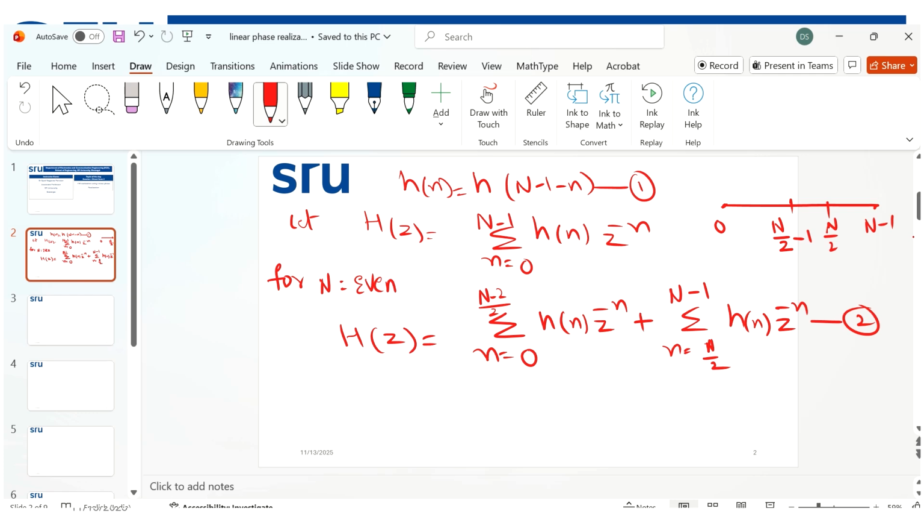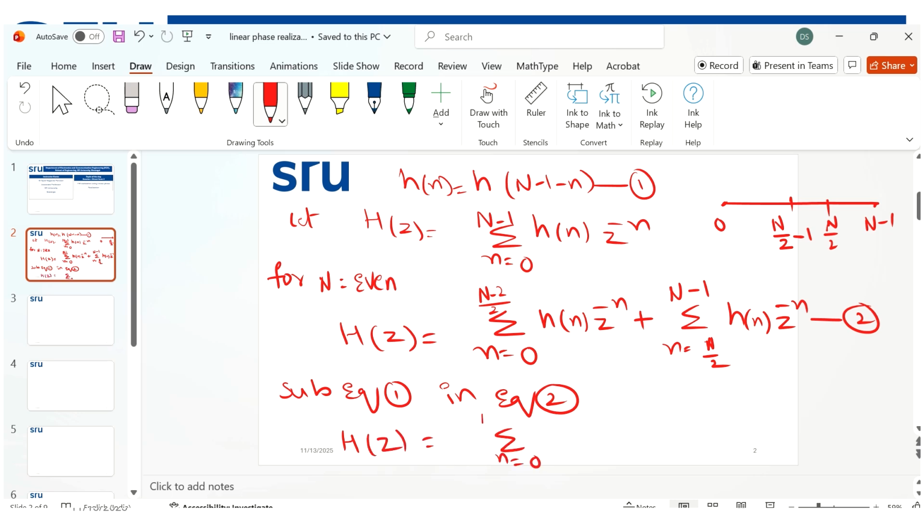Now substitute equation 1 into equation 2. Thereby we have H of z equal to the summation of n equal to 0 to N by 2 minus 1 of h of n z power minus n, plus the summation of n equal to 0 to N by 2 minus 1 of h of n into z power minus of (N minus 1 minus n).